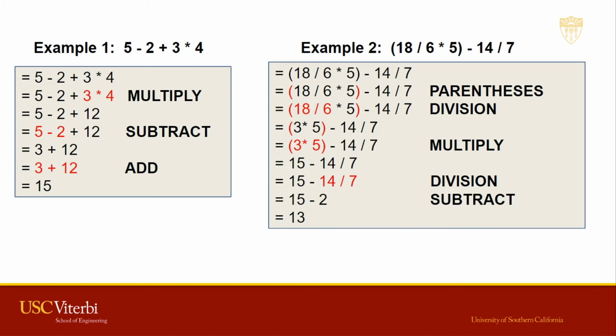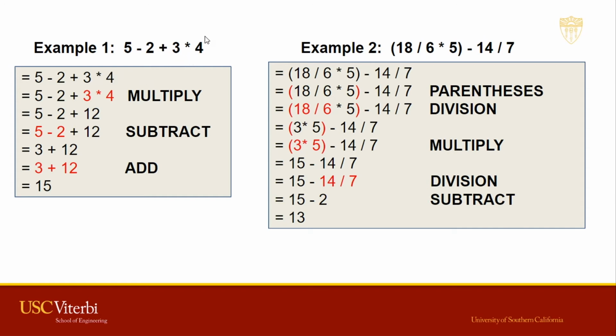In the first example on the left, the expression is 5 minus 2 plus 3 into 4. As we learned in PEMDAS, multiplication comes first. Parentheses are not there, and exponent is also not there in this example.